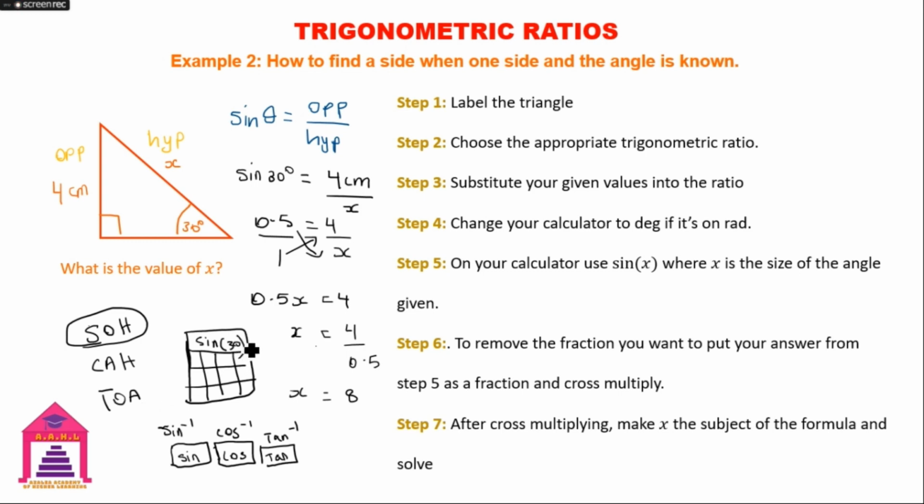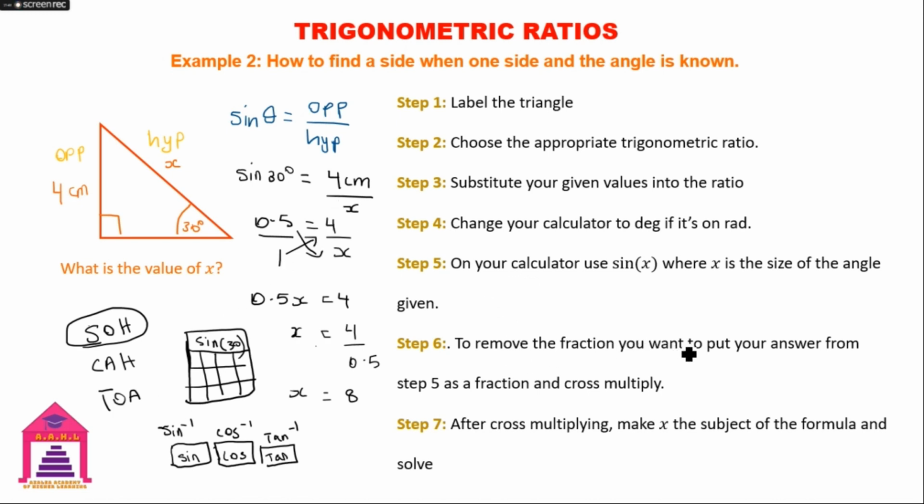When you put in your 30, press your equal sign. You're supposed to get 0.5. Let me pause for a bit so you can do that. Everybody get 0.5? Alright. So that's how we get a 0.5 here.